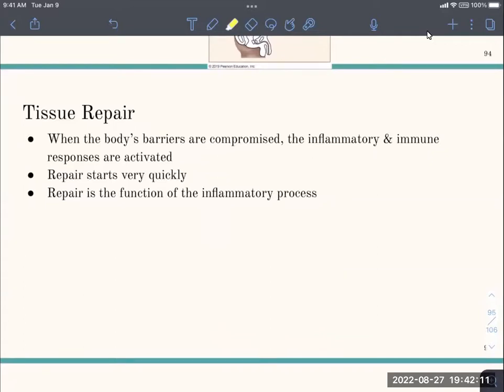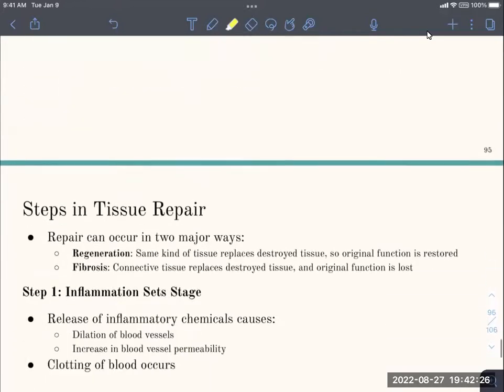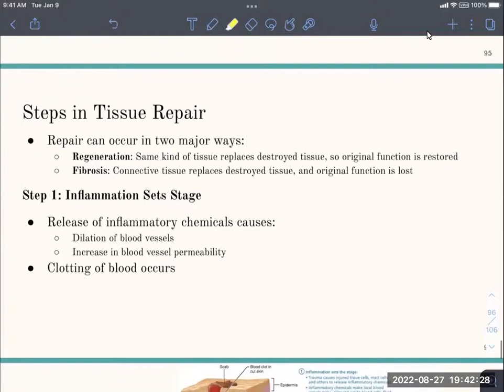This process is activated and starts very quickly. Those mast cells that we talked about that were in that connective tissue release their substance that initiates that inflammatory process. So there's 3 steps to the inflammatory process. And as tissues repair, 2 things can happen.